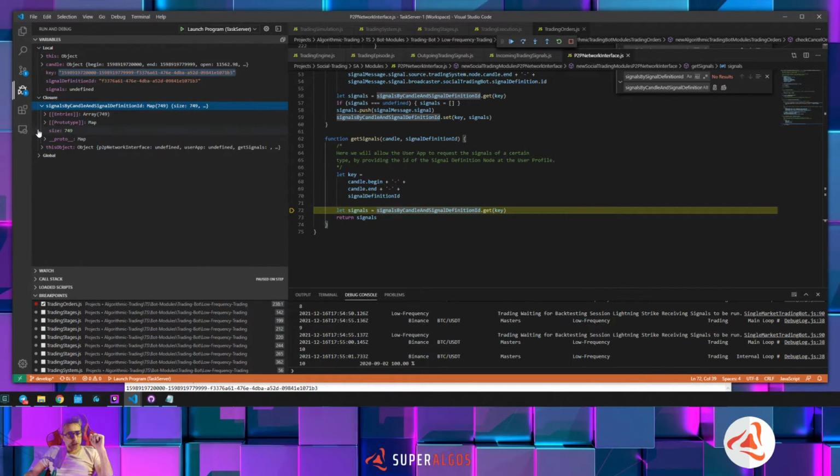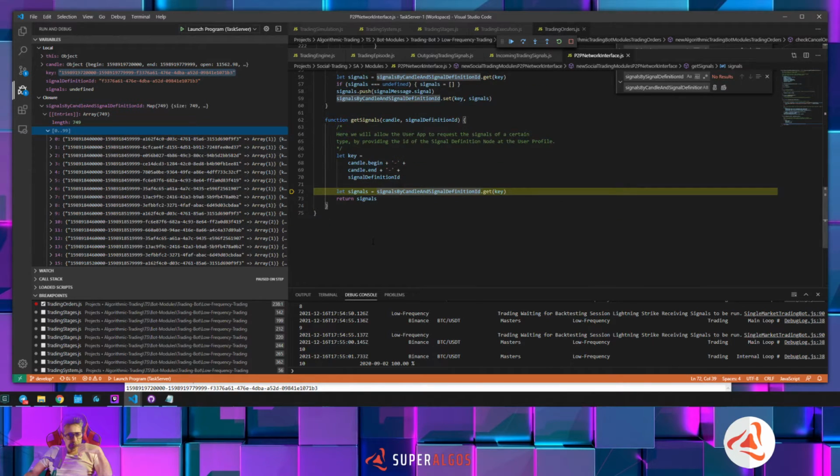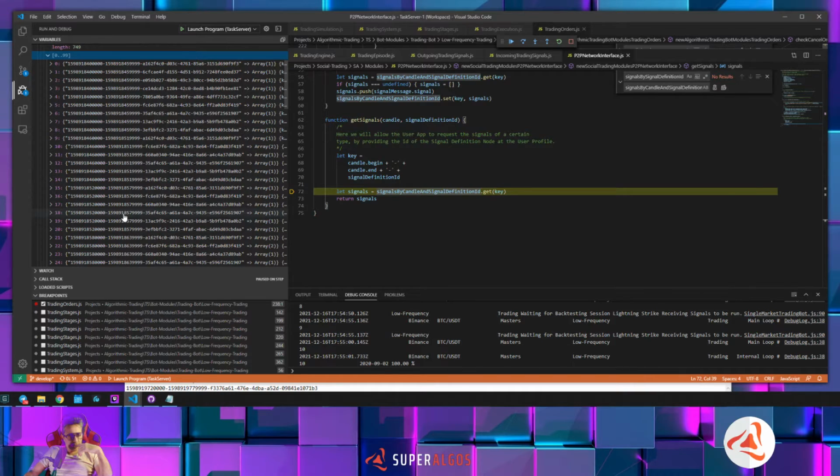Here it is, signal by candle and signal definition ID, entries. And we know that the number 21 was around the one we saw. So we are looking for a candle for this number. Is there any way to search this? I don't think so.